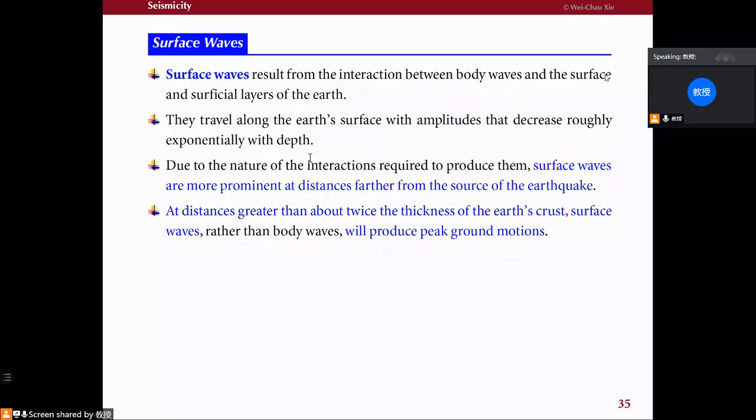Due to the nature of the interactions required to produce them, surface waves are more prominent at distances further from the source of the earthquake. At distances greater than about twice the thickness of the Earth's crust, surface waves rather than body waves will produce peak ground motions.